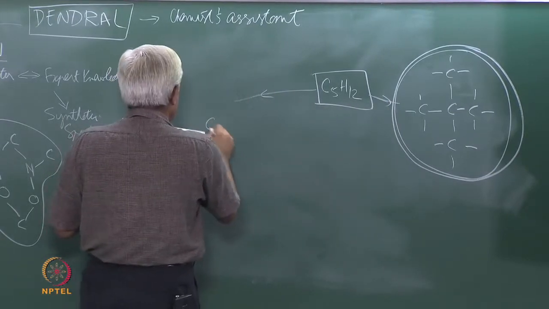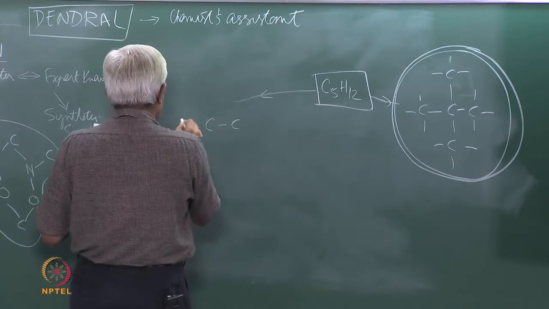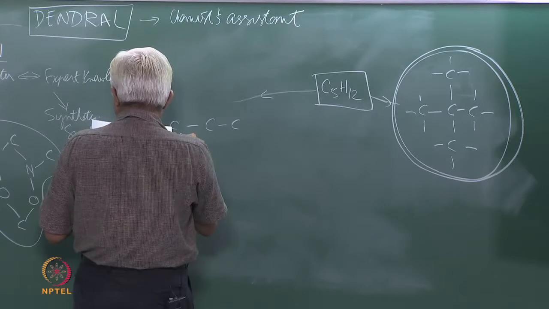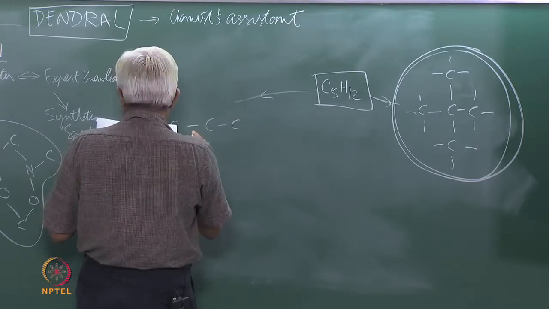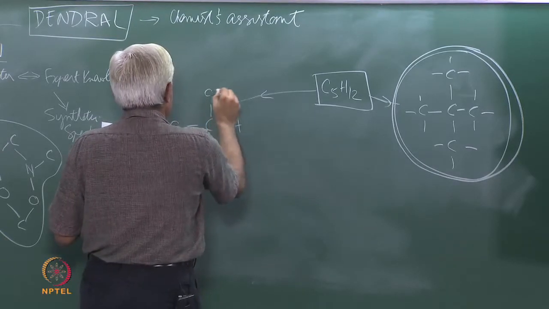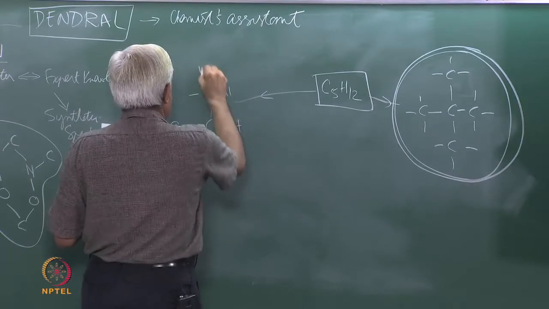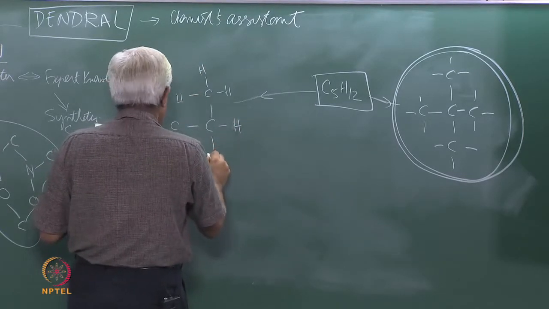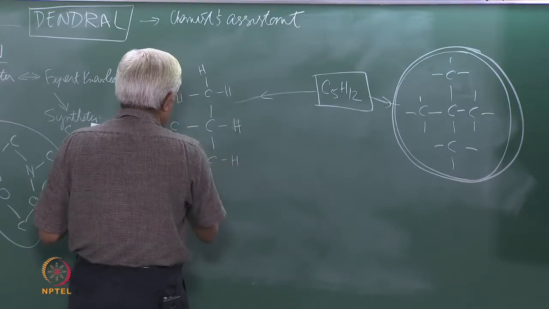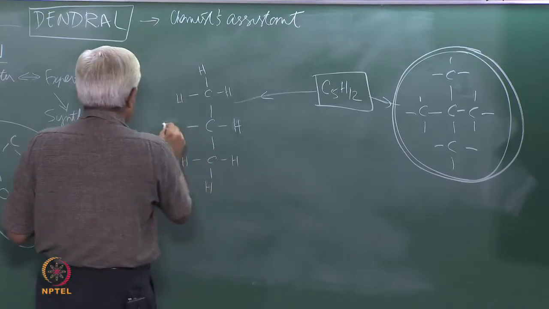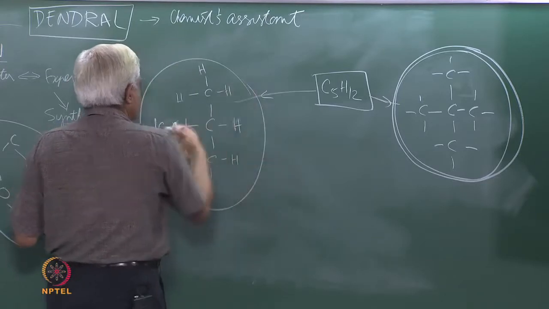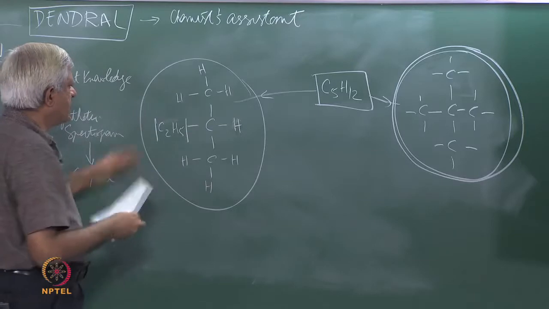You could say that it is C, a partially elicited structure where part of the structure is known and part is not known.